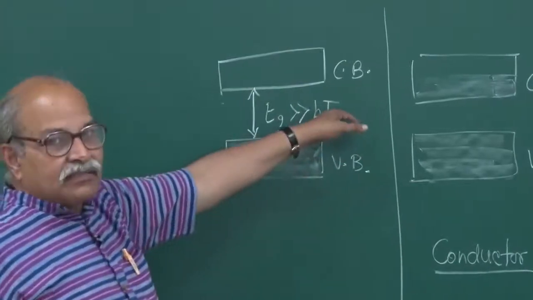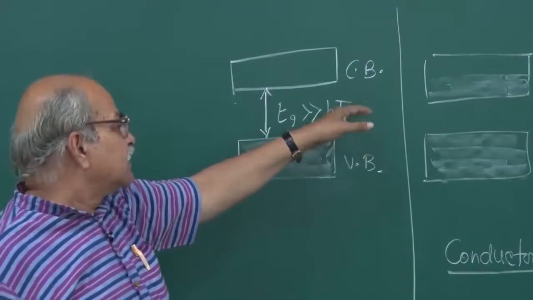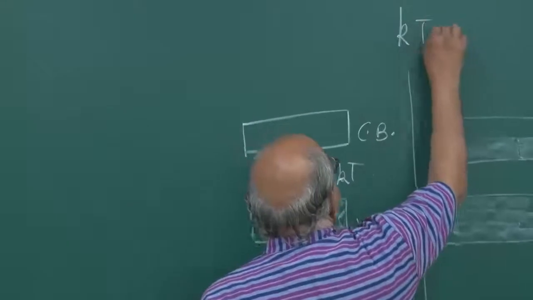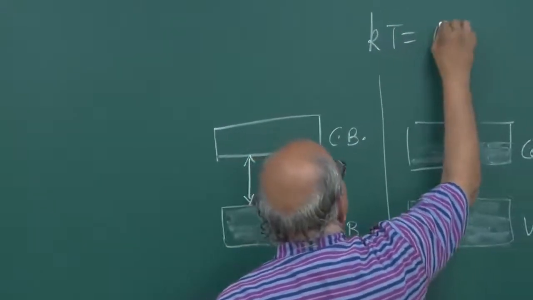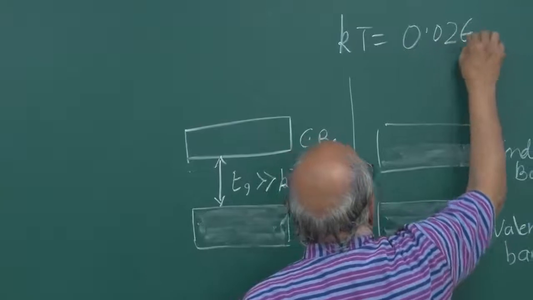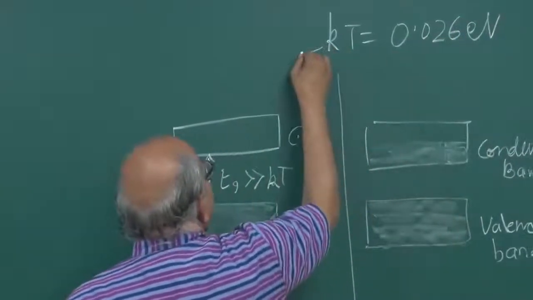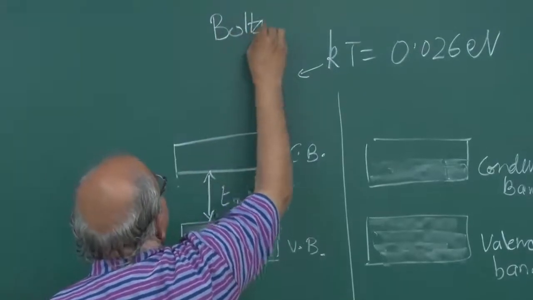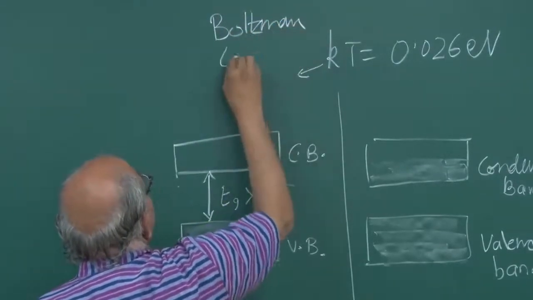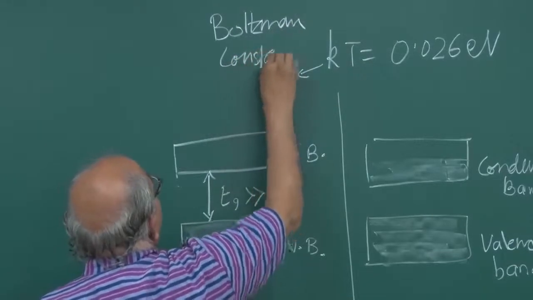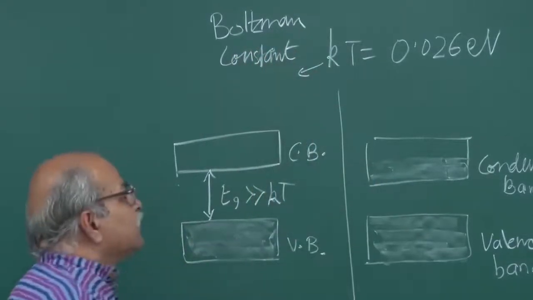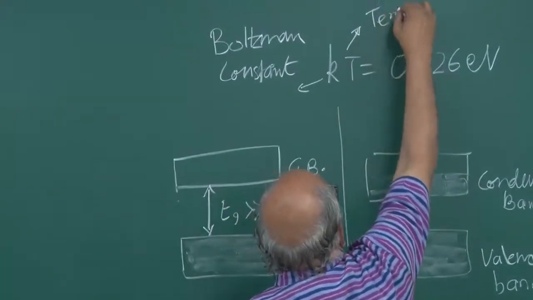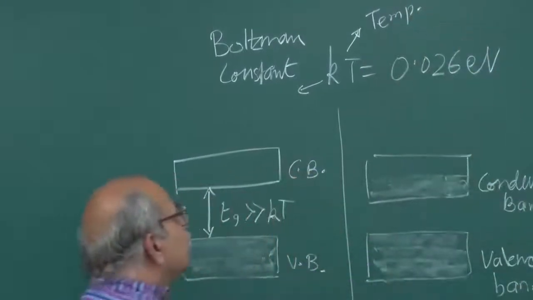Normally we work at around room temperature, and at room temperature this kT, as I told earlier, is 26 milli-electron volt or 0.026 eV. This k is the Boltzmann constant, and T is the temperature in absolute scale, in Kelvin.